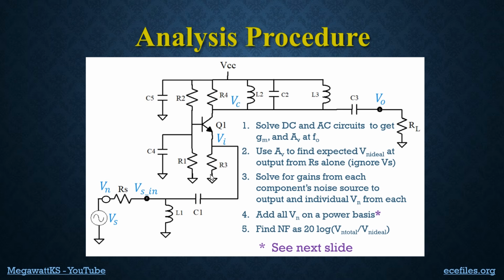I'll put it down here at the bottom so it looks more like a Thevenin equivalent circuit working from ground on up. And so it injects noise into here, it gets amplified and shows up at the output. And what step 3 says is we do that for R3, then we do it for R1, etc., until we find all of the individual contributions to the noise at the output.